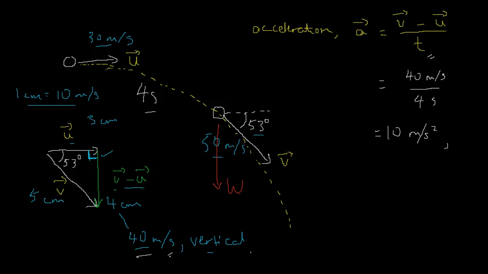Since v minus u is vertical, when I divide v minus u by time, the answer is in the same direction. So the answer for the acceleration is 10 meters per second squared in the vertical direction. And this is actually the acceleration due to gravity. Later on, we'll learn that we usually call it g. So there we are.